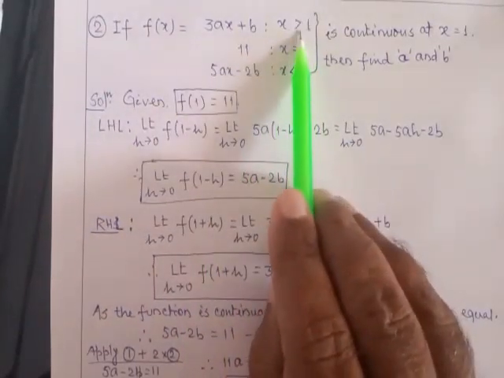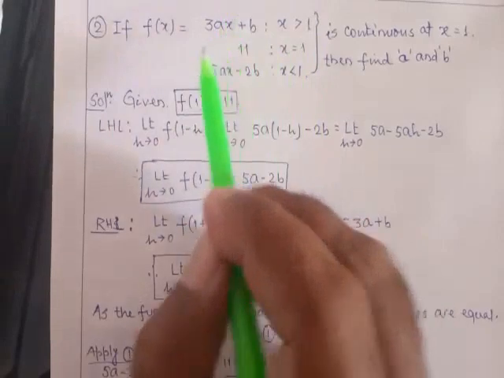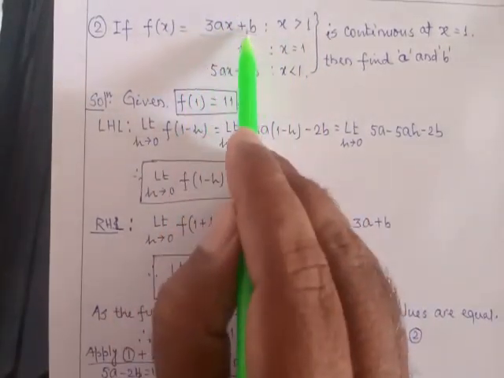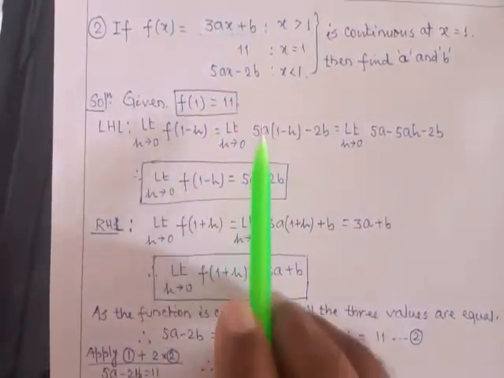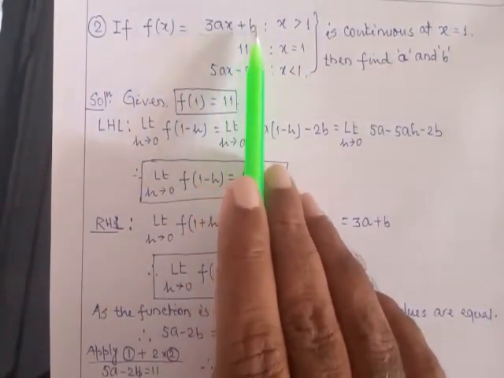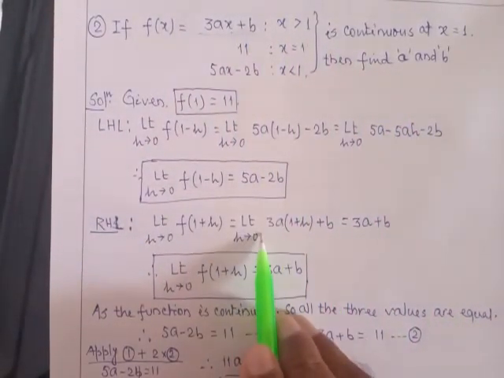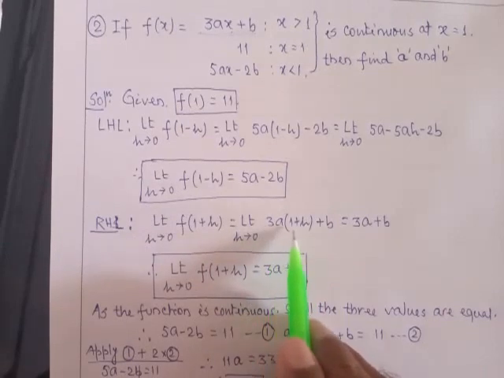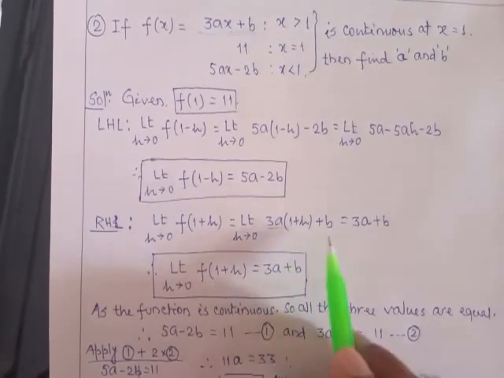So in this condition, replace x by 1 plus h. So it should be 3a into (1 plus h) plus b when h tends to 0. So when you apply h tends to 0, then it becomes 3a plus b, like the previous left hand limit.